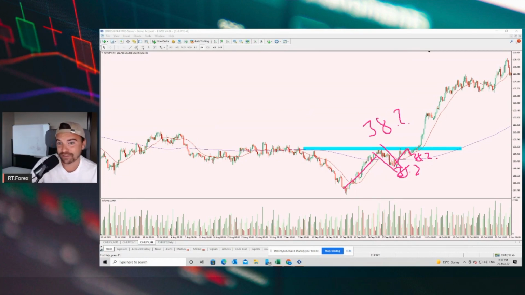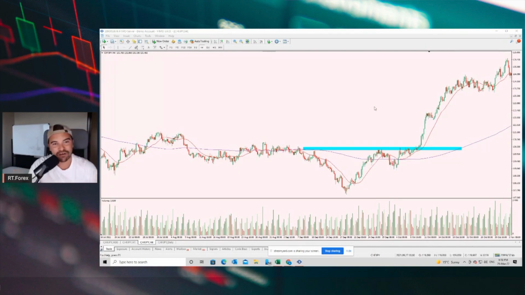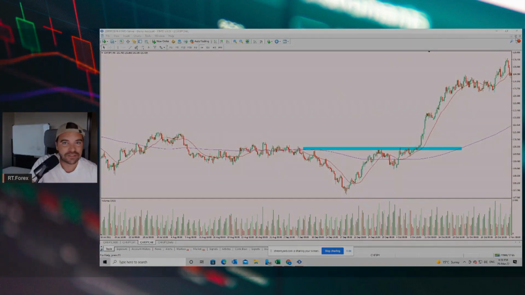It's called market characteristics. If you don't know, and you're taking a trade on a certain pair, write down the characteristics of it. GJ moves differently from Kiwi dollar. Gold certainly moves differently from Euro USD. Knowing the characteristics and how they move is also a great skill that you can have.